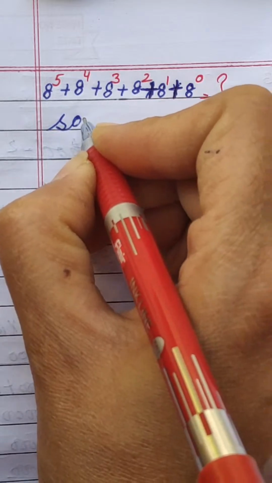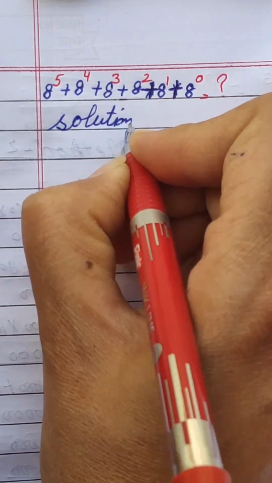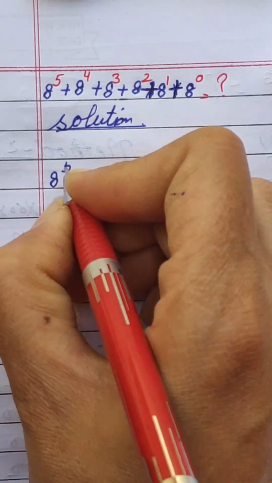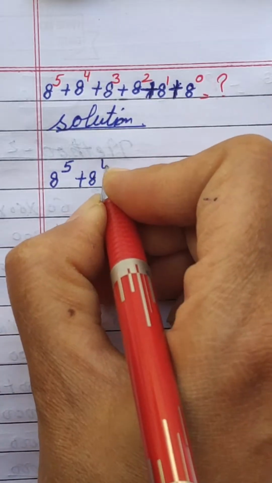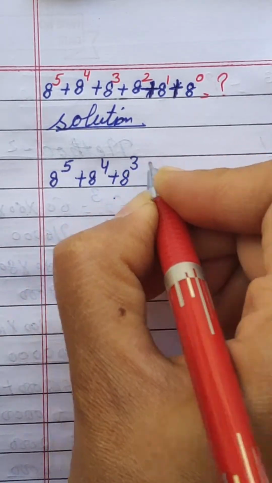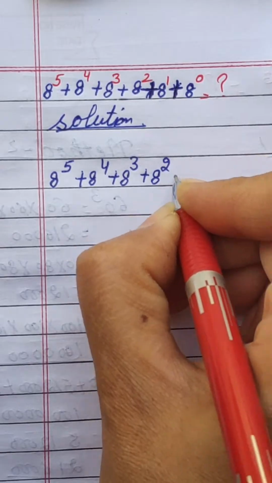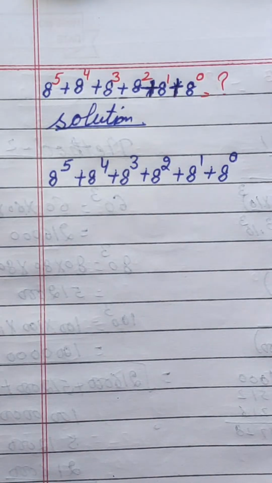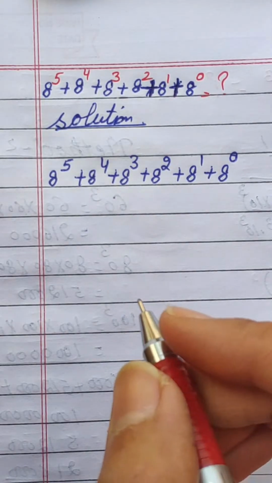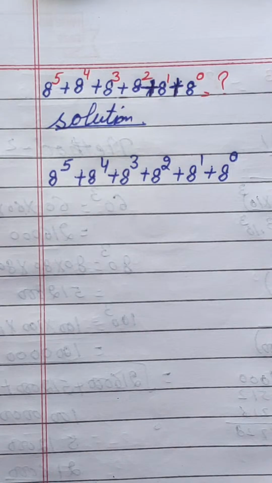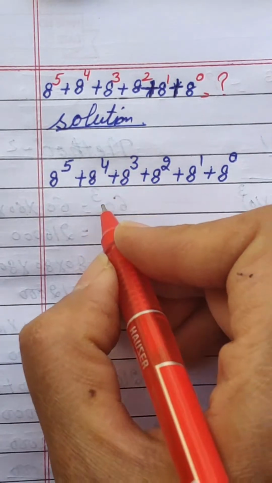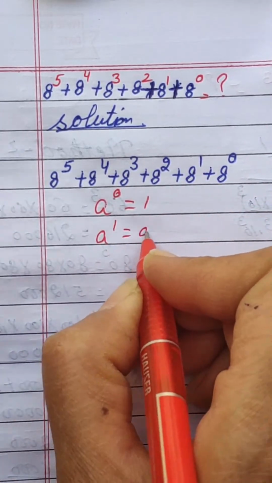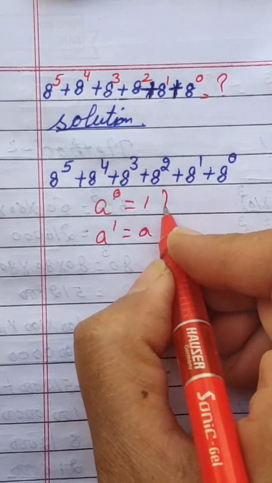So solution, I just try to do that. 8 raised to the power 5 plus 4 plus 3 plus 2 plus 1 and plus 0, right? So here a raised to the power 0 is equal to 1 and a raised to the power 1 is equal to a, right?